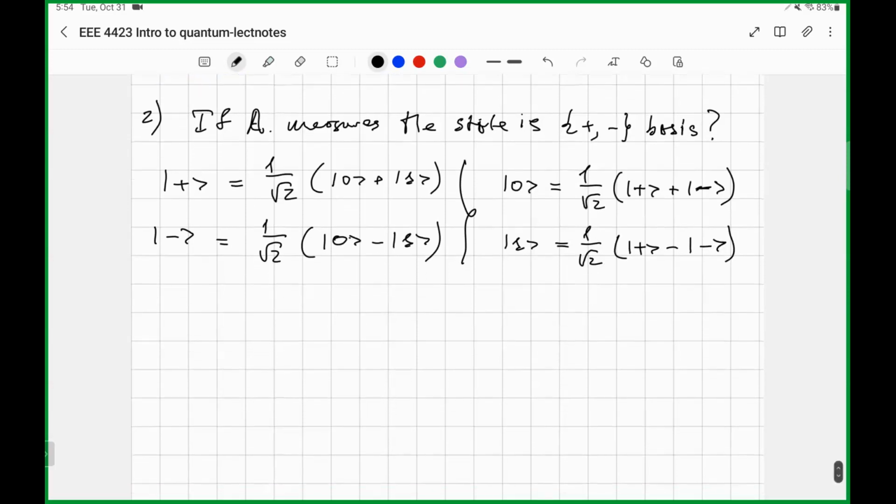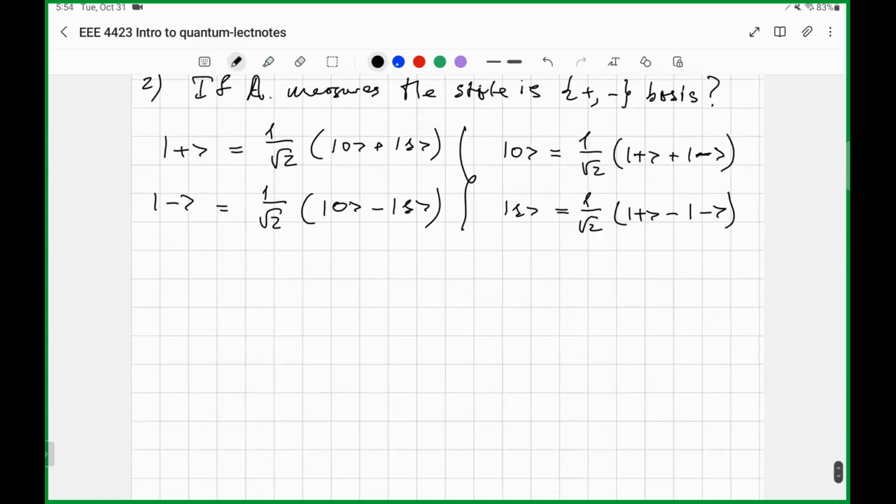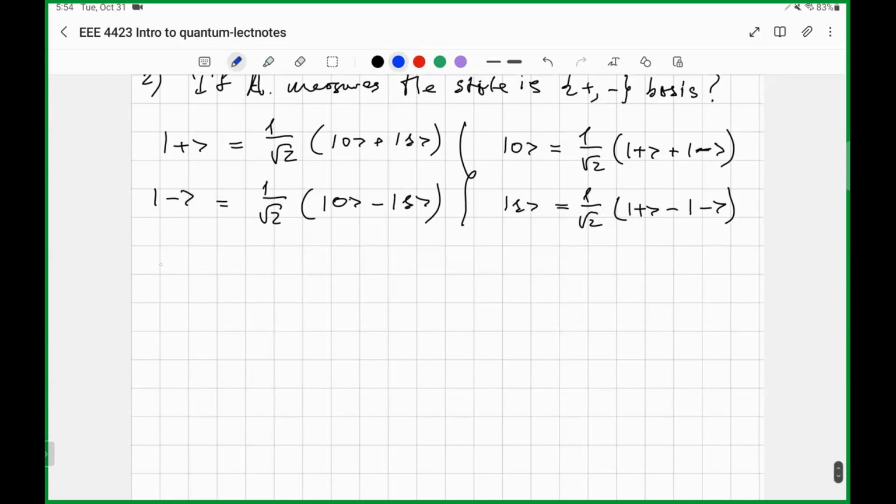So now for this state after the application of the CX gate, what have we got? We've got C0 state 00 plus C1 state 11, the entangled state.